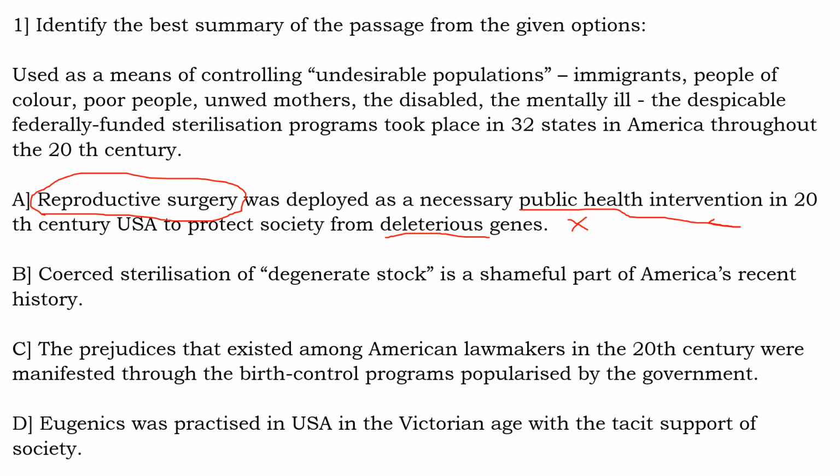Coerced means forced. Is it shameful? Yes, because the word despicable is given here. Despicable means something that is bad, something to be held in contempt or hated. So this is why it is a shameful part of America's recent history.